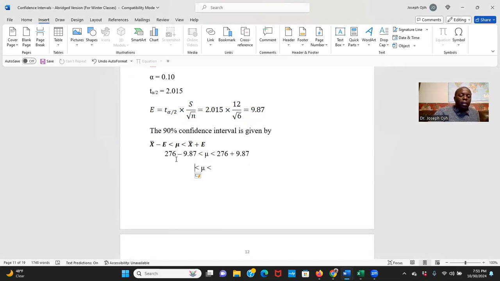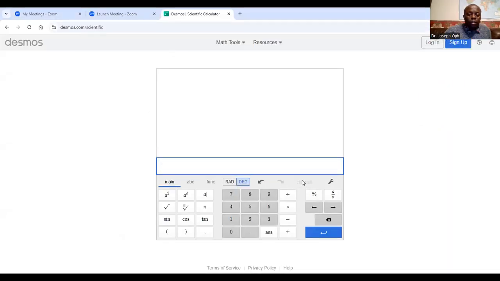Let's try it on the calculator. 276 minus 9.87 is 266.13.